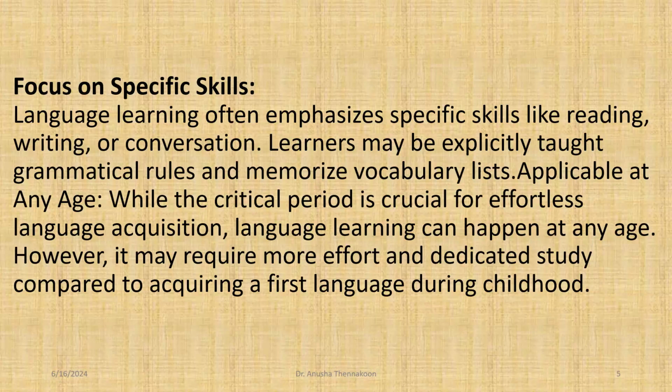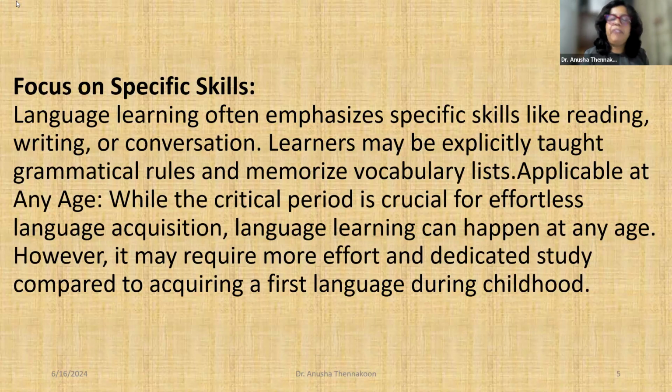Correct? So there are exceptions nowadays, but in the past, it was highly believed language acquisition occurs up to certain age, maybe around 14 years. But language learning can occur at any age.